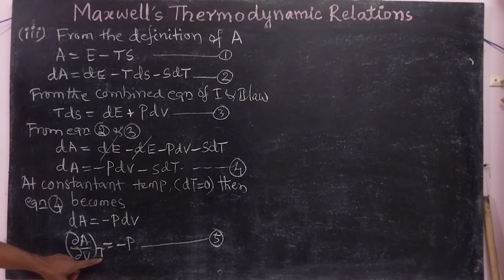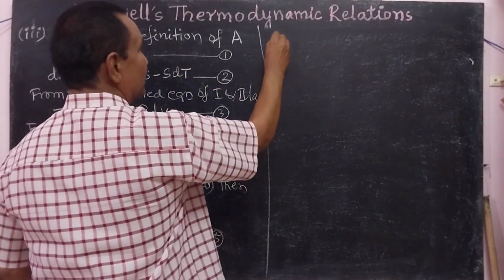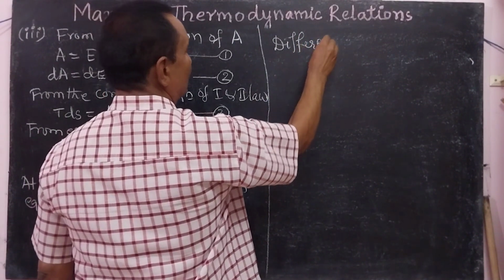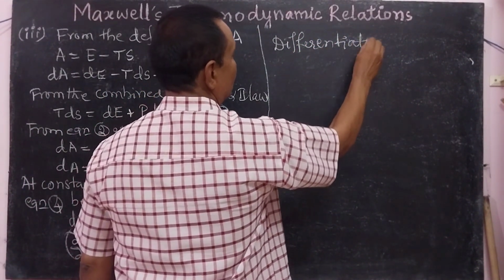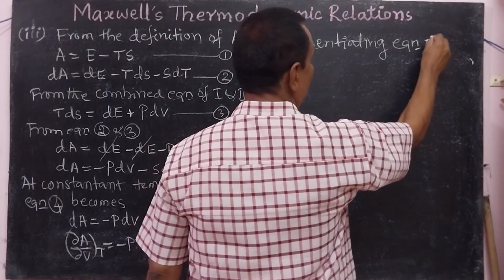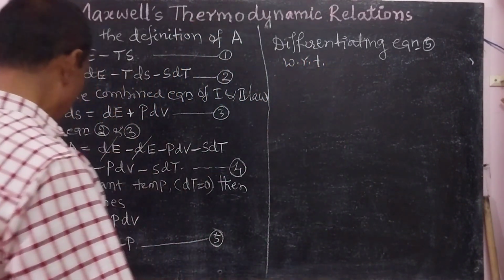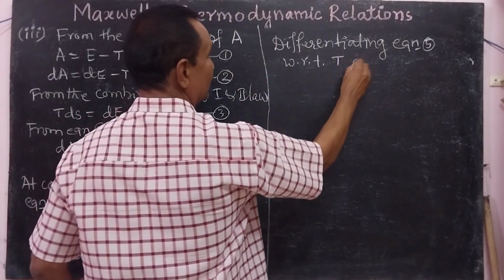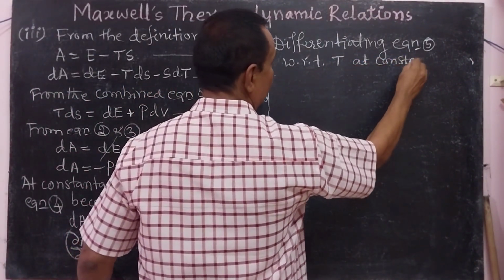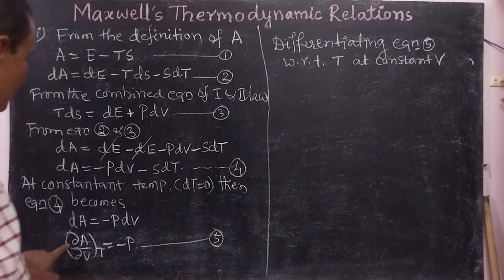Now T is kept constant and it is differentiated with respect to V. Now you keep the V constant and differentiate with respect to T. Differentiating equation 5 with respect to T at constant V, what happens?